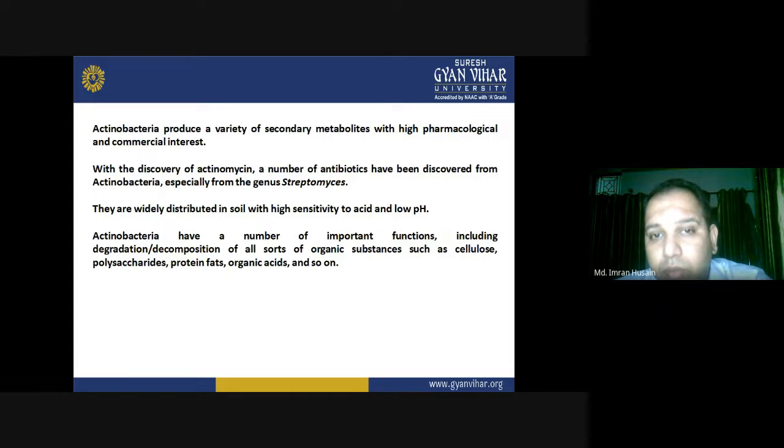So, from the very start, you have seen that actinobacteria play a major role for the benefit of human beings. With the discovery of actinomycin, a number of antibiotics have been discovered from actinobacteria, especially from genus Streptomyces.